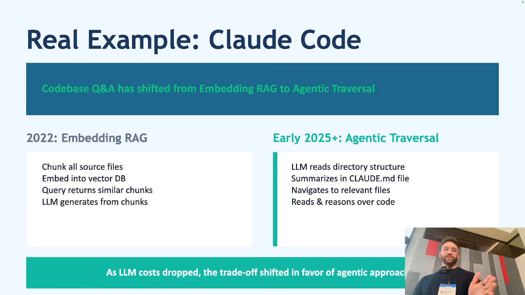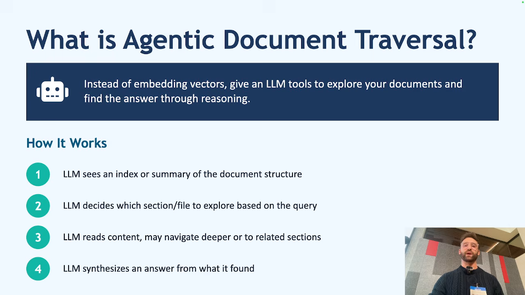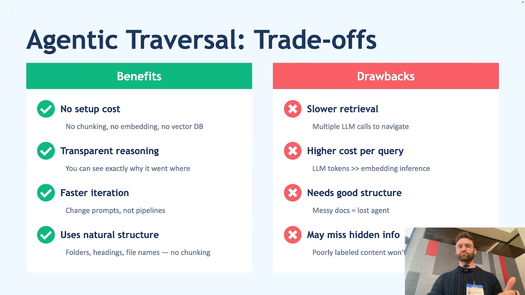So this is probably the best example of something that has completely changed its tune. I would say this is the first example, and we're probably going to see a lot more of this trend, because embeddings are so inscrutable and hard to work with, it would be my bet, versus agentic traversal.